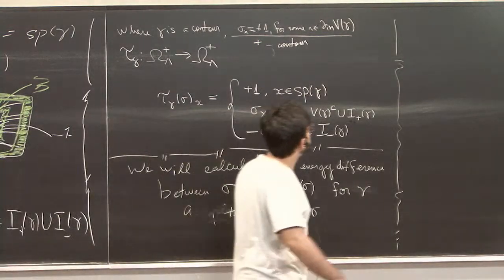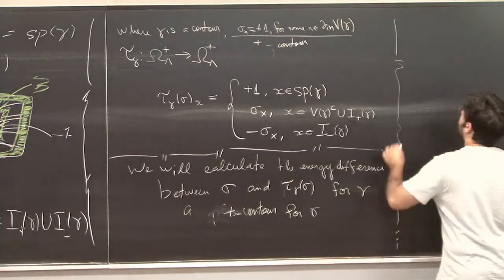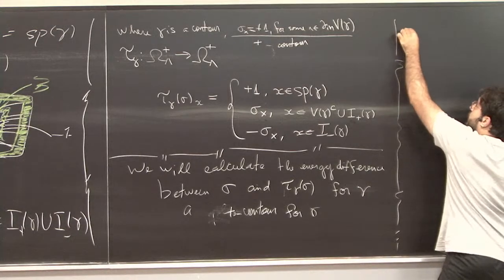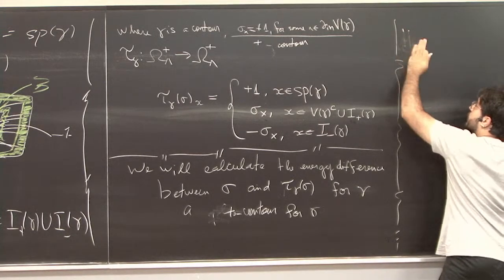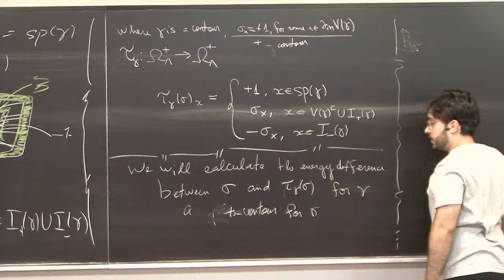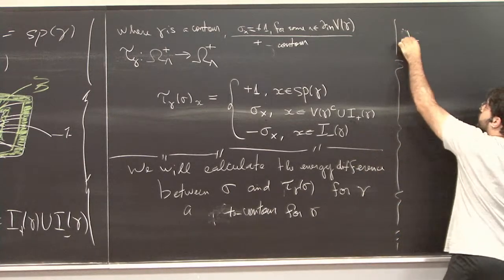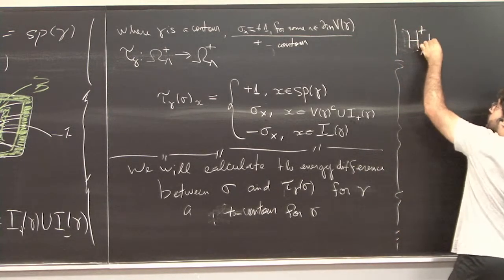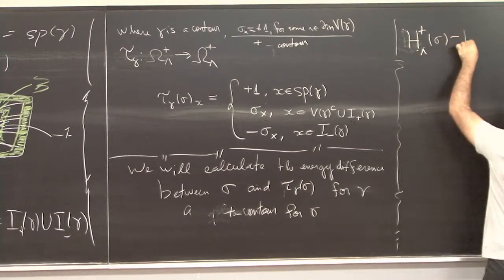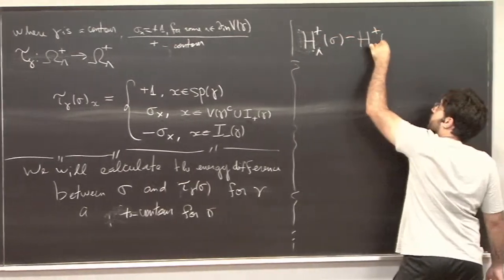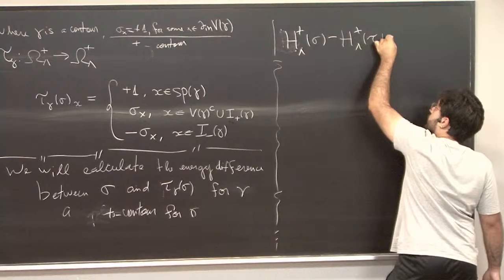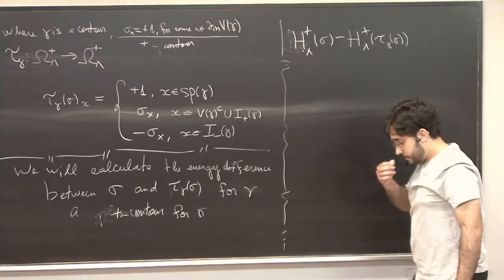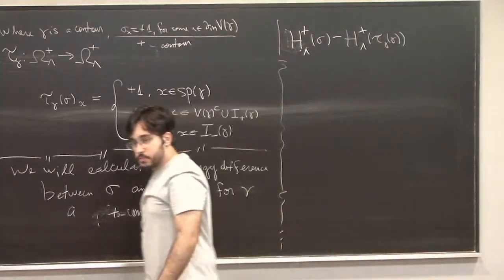So okay. This difference is just this: H of sigma minus H of tau gamma sigma. We will calculate this. It's quite a lengthy computation, okay?